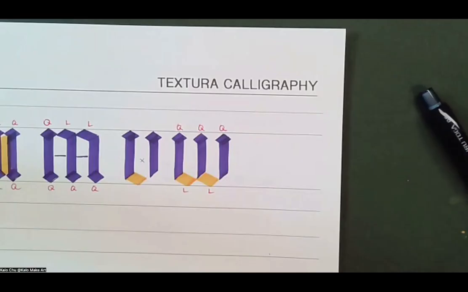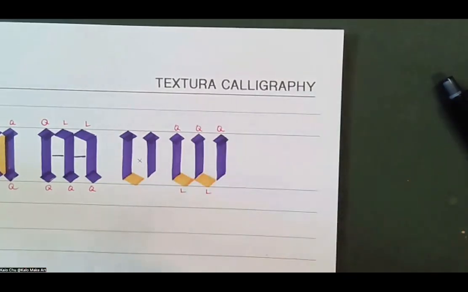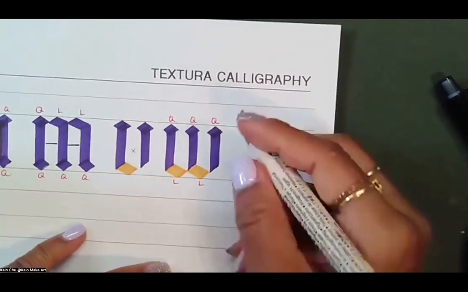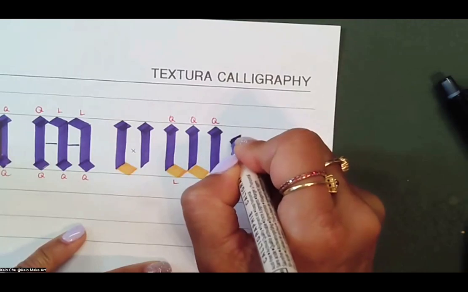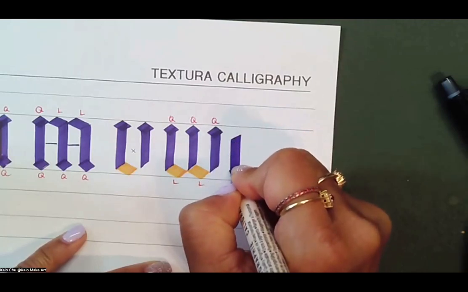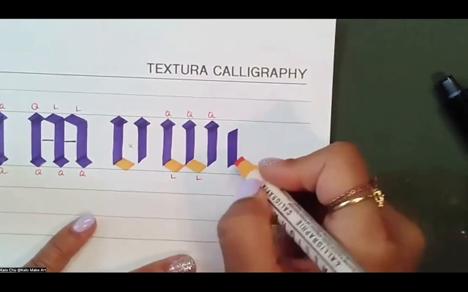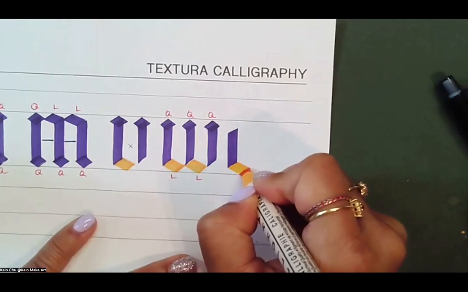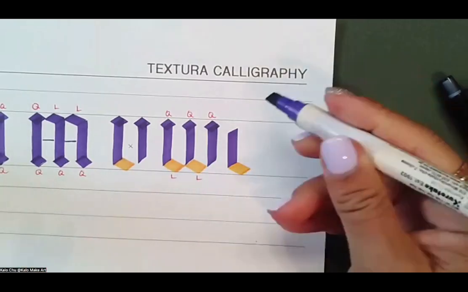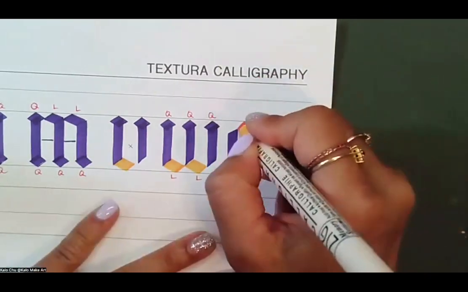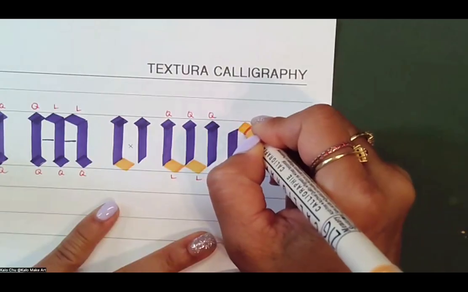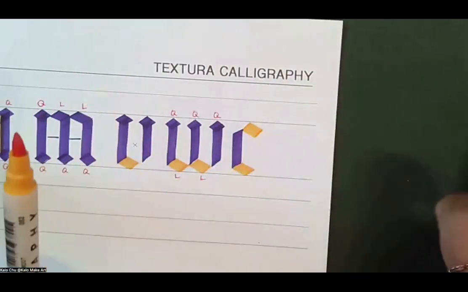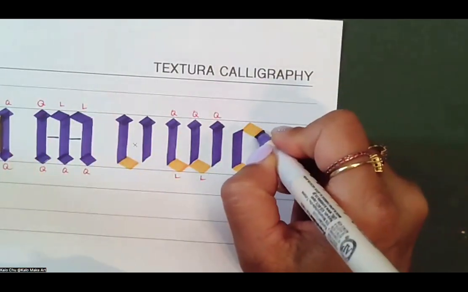Now, with letter O, you can see that with the letter O, we use a lozenge and a lozenge and back to the vertical.